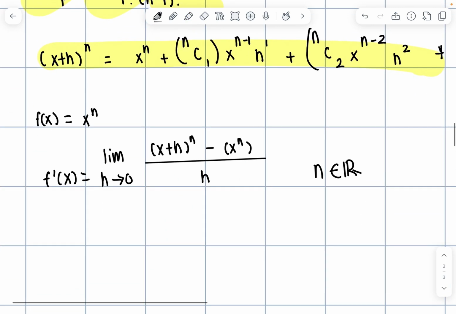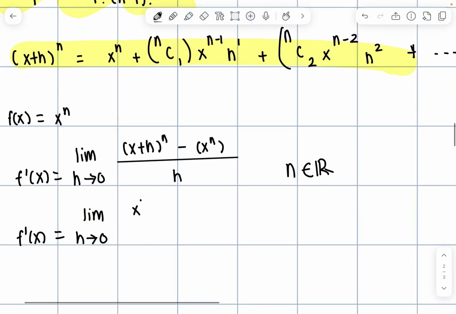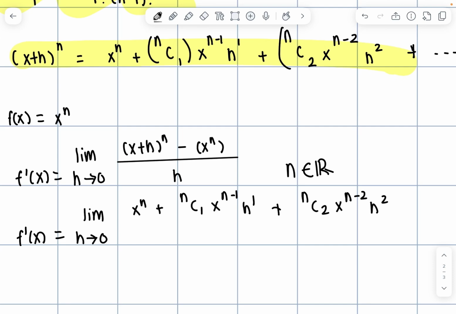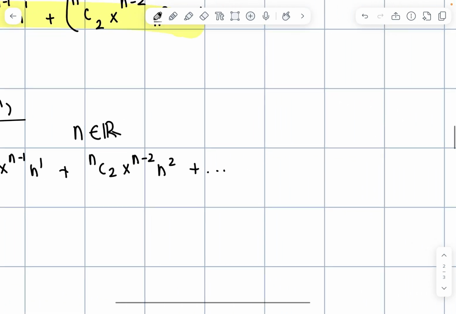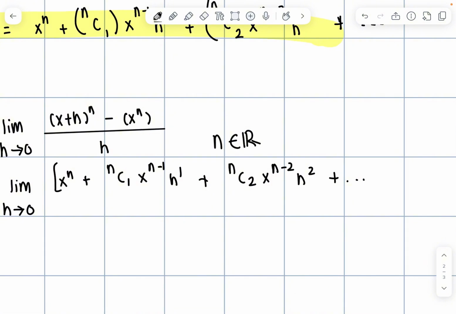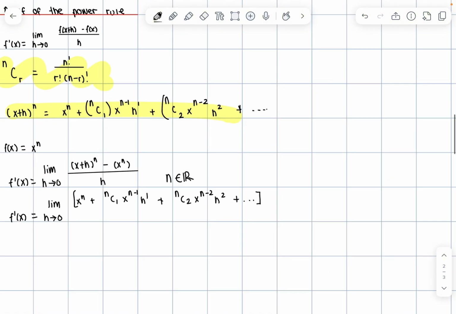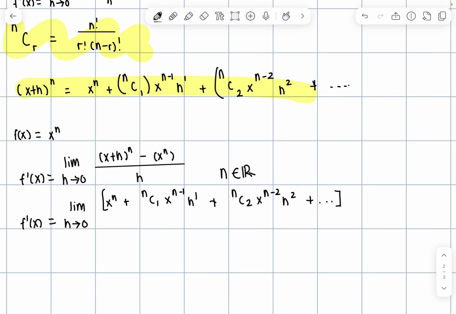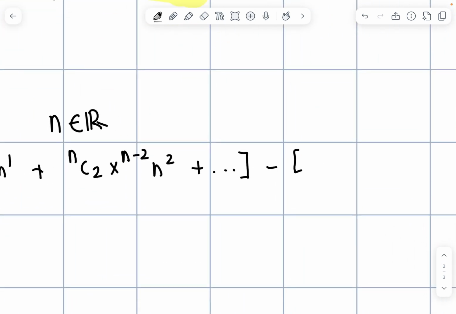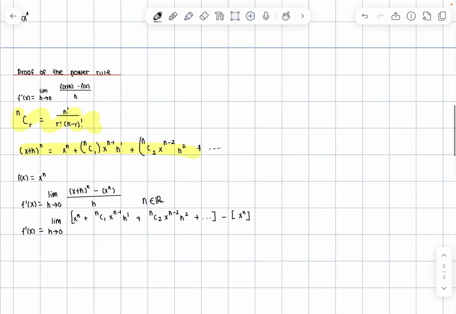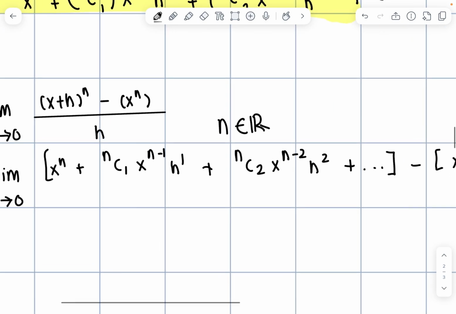So I know that if I'm expanding this out, I will get f dash of x is equal to the limit as h tends to 0 of, so we establish, x to the n plus n choose 1, x to the n minus 1, h to the 1, plus n choose 2, x to the n minus 2, h to the 2, n amount of times, minus, now I'm not going to write the last few terms because they don't actually impact this proof at all, because as you'll see, they'll eventually cancel out, minus x to the n, because that's coming from this part here, all divided by h.